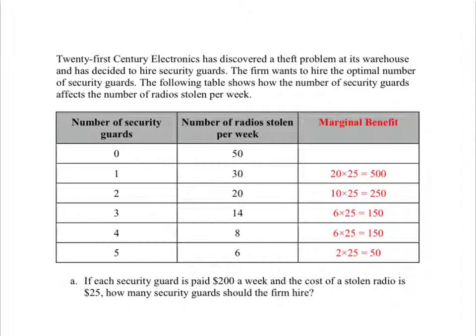Well, remember our rule, the profit maximization rule. We're going to choose the highest level of activity, in this case the highest number of security guards, at which the marginal benefit is greater than or equal to marginal cost. Just a reminder, marginal cost is $200.